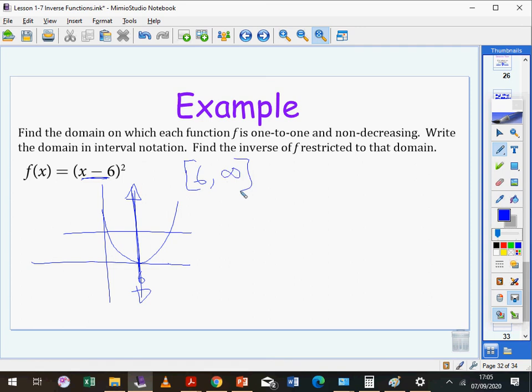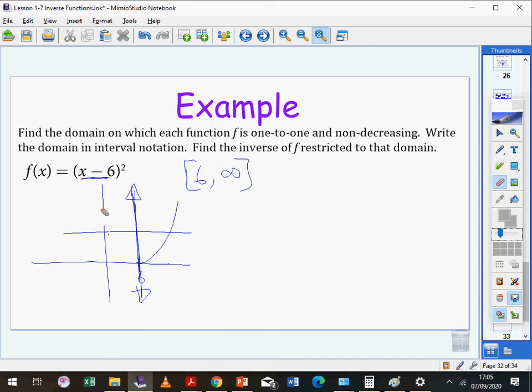Because if I have restricted that domain, then a horizontal line only cuts it at 1 point, right? So, over the domain 6 to infinity, this function is going to have an inverse, all right?